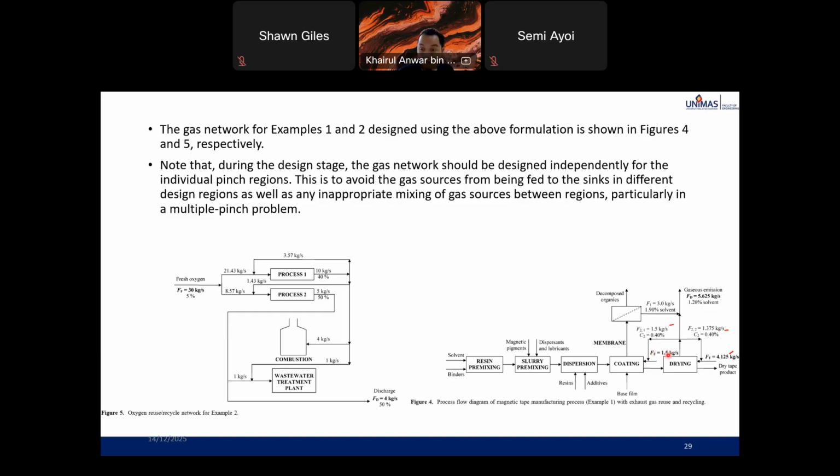And the concentration. This is equal to table one. The source number two is from dry, hydrogen. This is 0.4%. F2, once for the gas cycle.